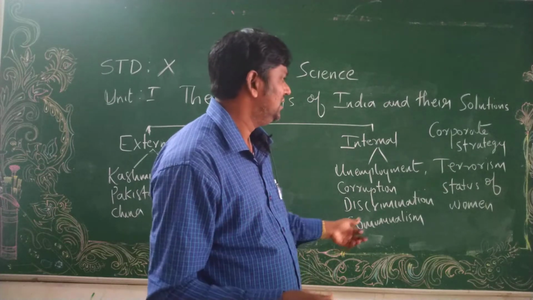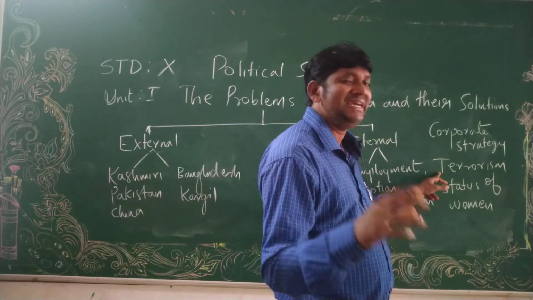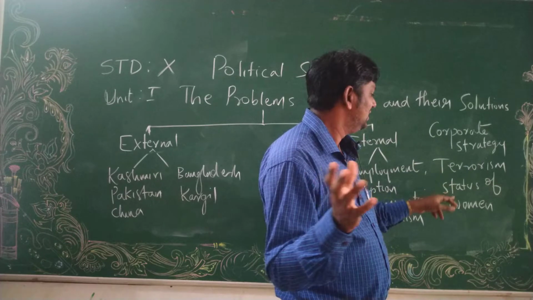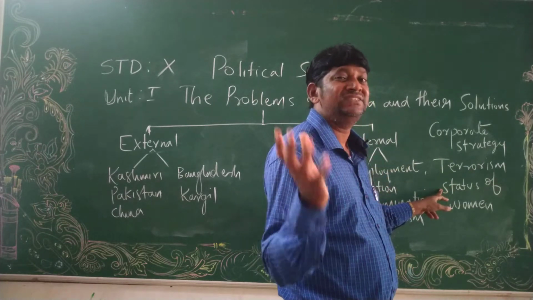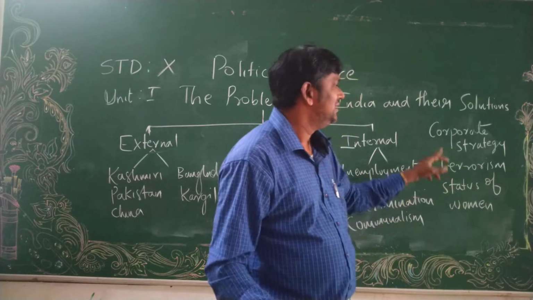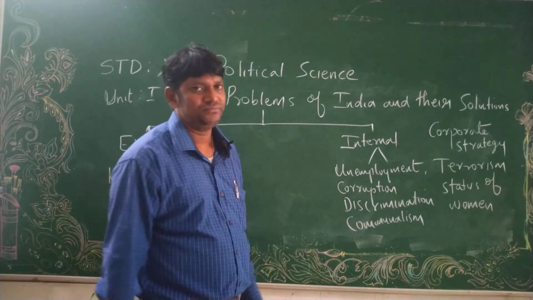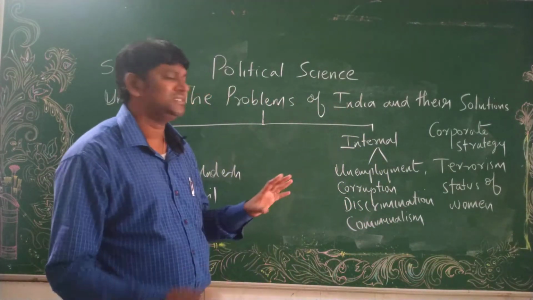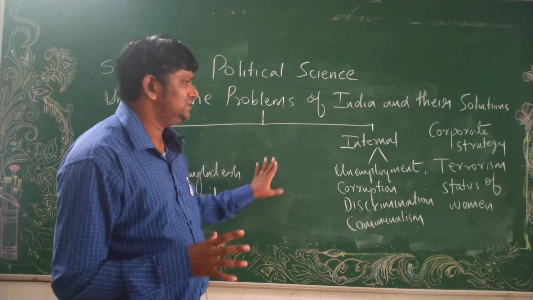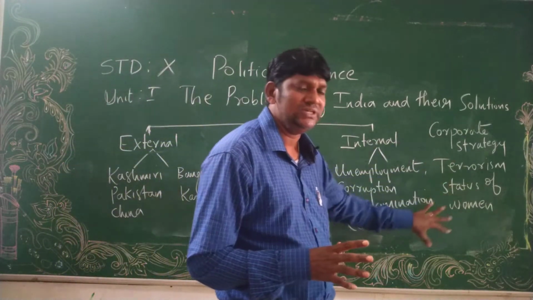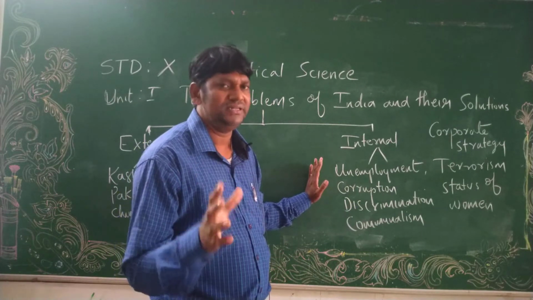Number 5, terrorism. Number 6, statism, women. And number 7 is corporate fraud, a business fraud. So these all come under the internal problems of our country.